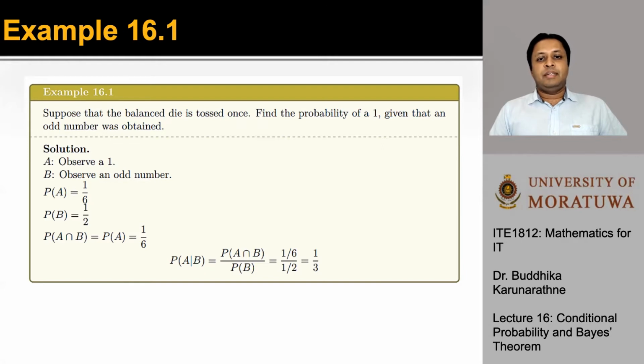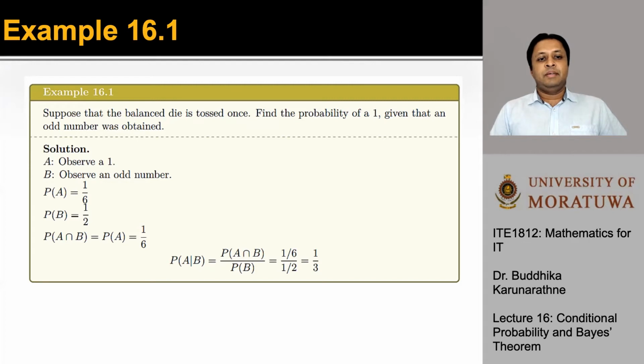Since this is a balanced die, P(A) is 1 over 6, and P(B) of observing an odd number is 1 over 2 or 0.5, because we have three outcomes referring to odd numbers, 1, 3, and 5.